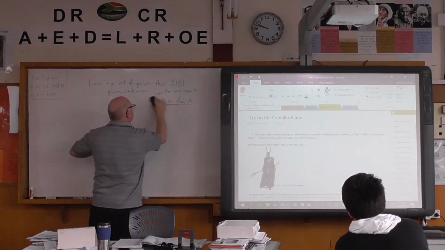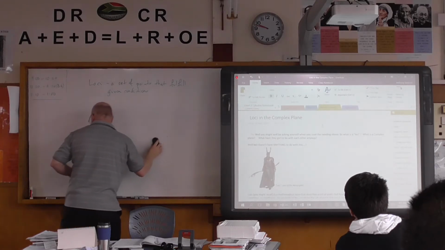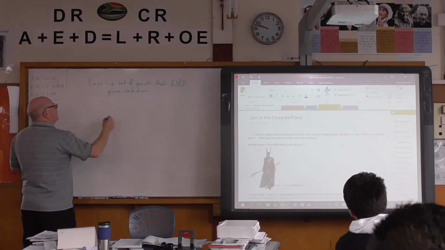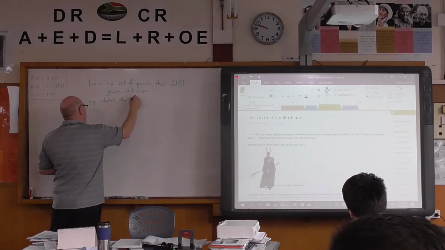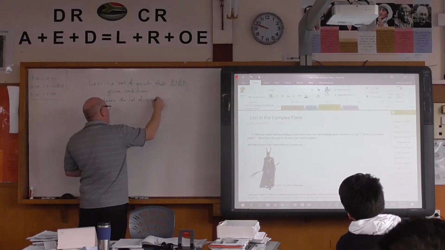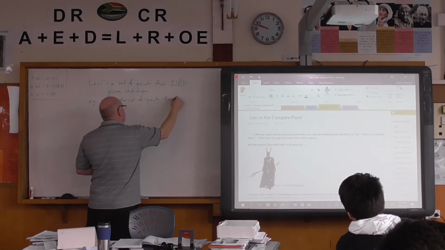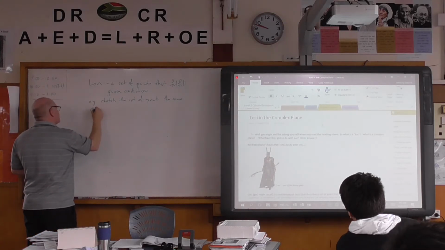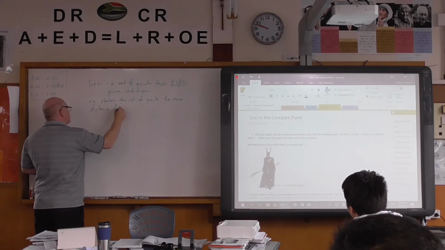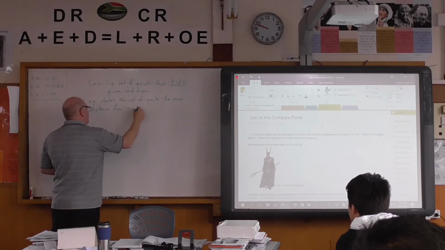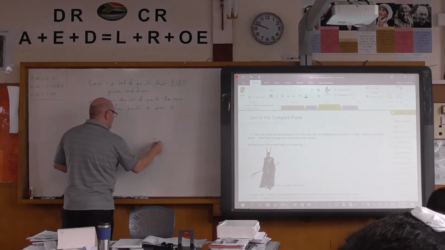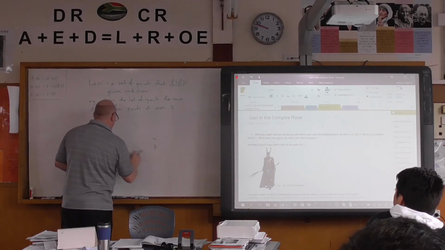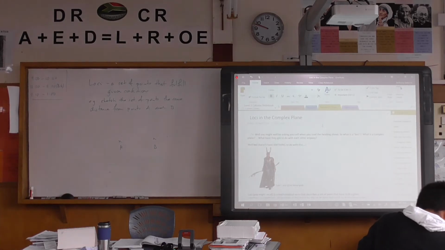Let's have a look at the set conditions. What would the set of points which are the same distance from A and B look like?